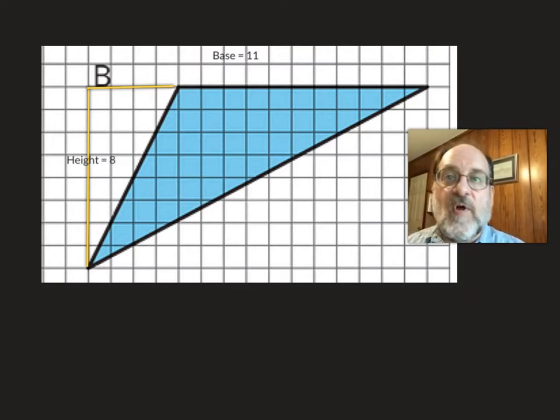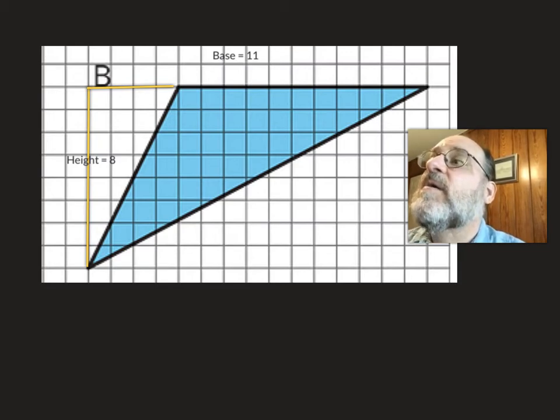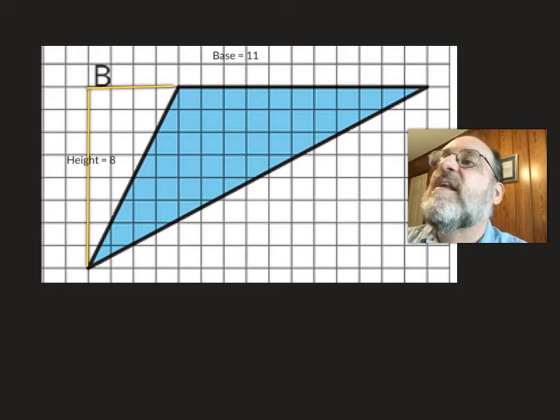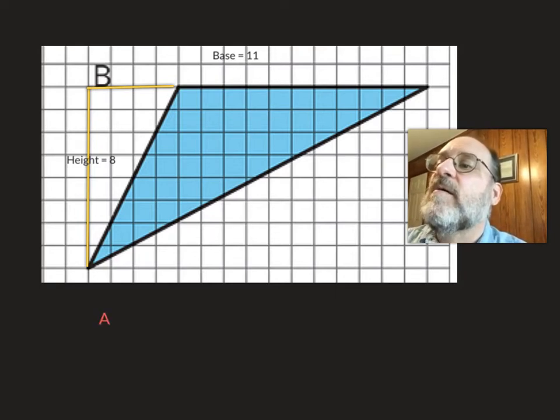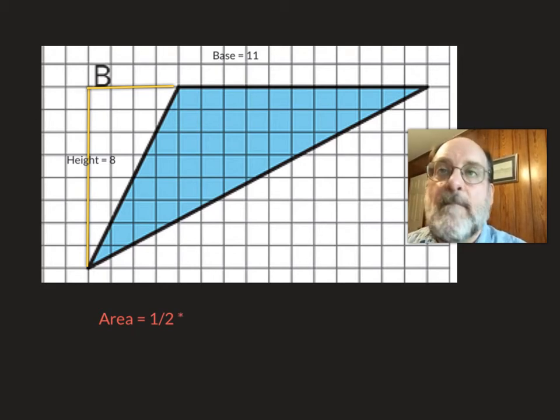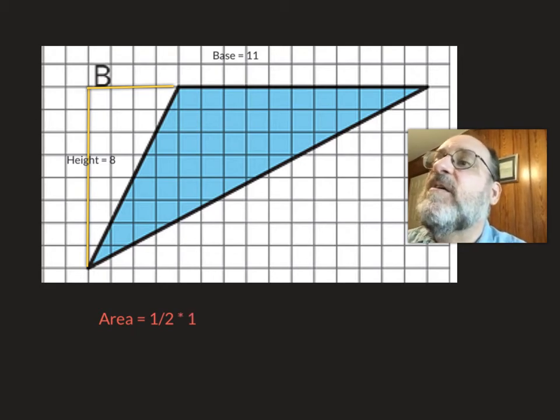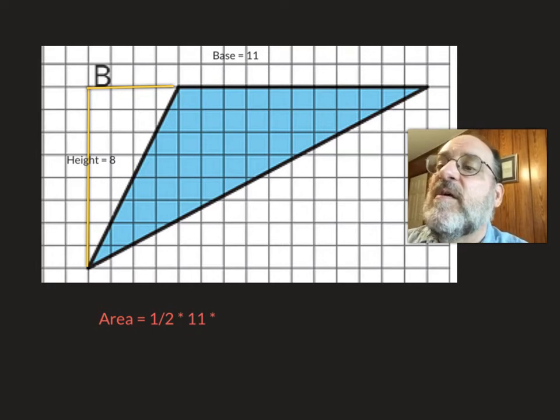Okay, with all that in mind, it is now time to find the area. And again, let's make sure that things stand out so you can see this easily. My area equals 1/2 times my base, which was 11, times my height, which is 8.